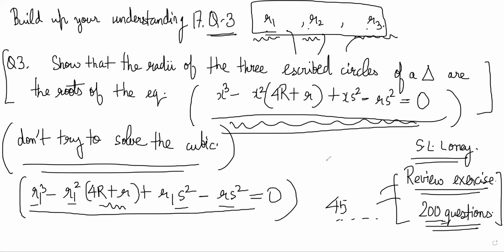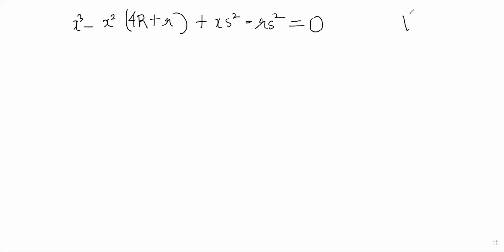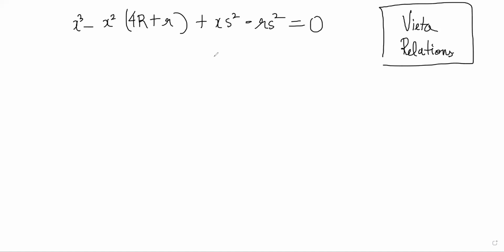The other way to do it would be to think of this equation, x cubed minus x squared (4R plus r) plus xs squared minus rs squared equals 0, and think of the Vieta relations available as a result of this equation. If there are three roots alpha, beta, gamma, what do you know about the sum of roots?